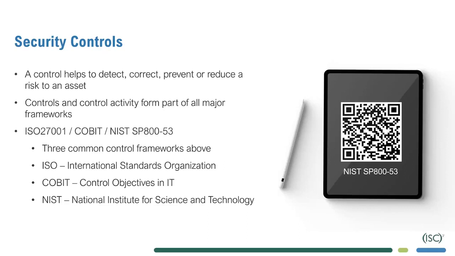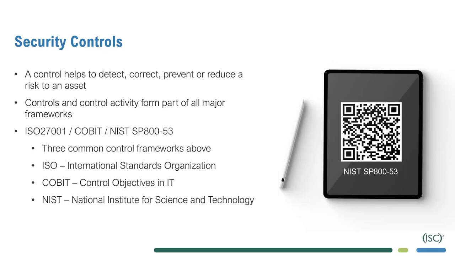And ISO 27001 has over 100 controls that it suggests you respond to. For example, do you synchronize time on your network? Do you do background checks for employees? Lots of different controls that it asks you to think about.